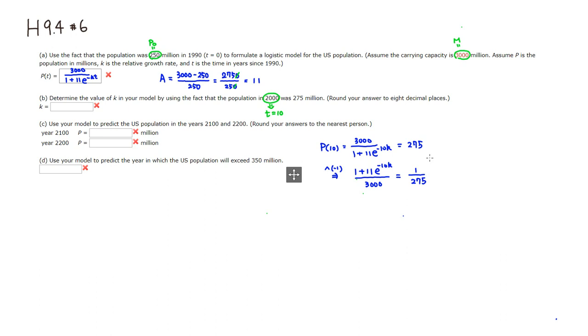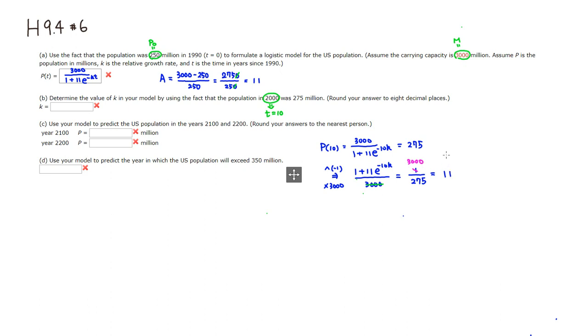Then I want to get rid of the 3,000, so I'll multiply by 3,000 and cancel it on the bottom, putting 3,000 on top. Dividing 3,000 by 275 gives 11.